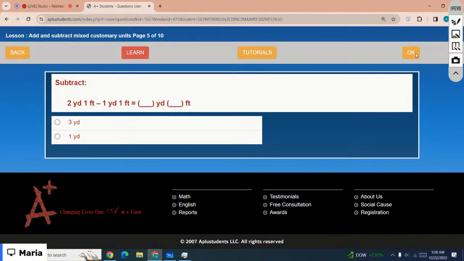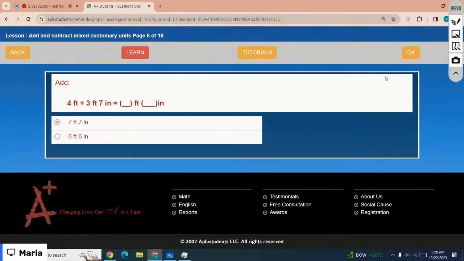The correct option is 0 yards. Next, 4 feet plus 3 feet 7 inches, which is the correct option? That is 7 feet 7 inches.